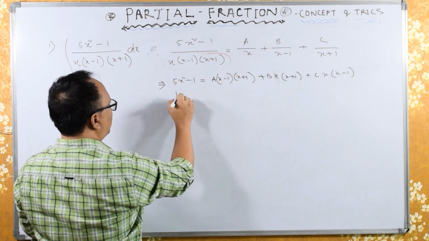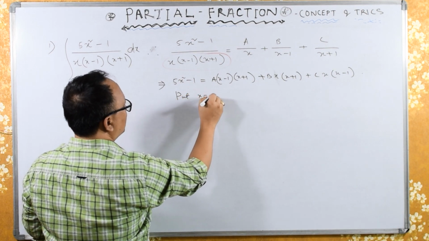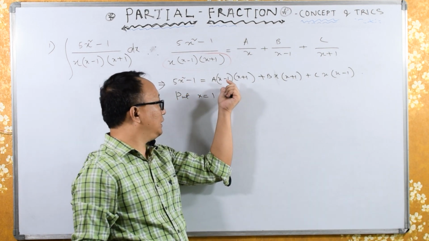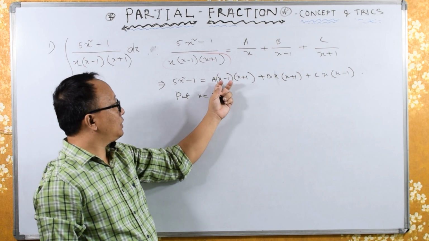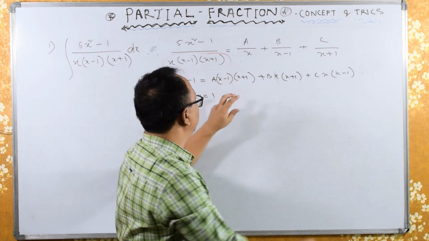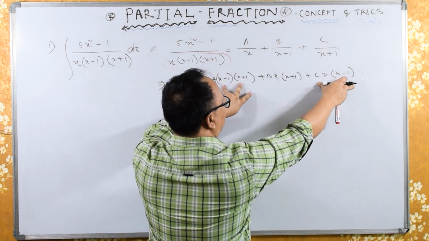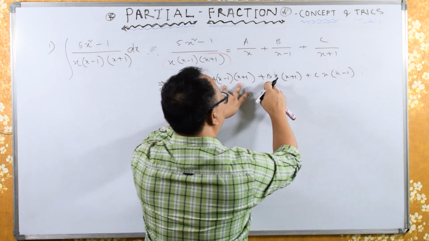Now let's substitute x equals 1. Why am I substituting x equals 1? If I substitute x equals 1, then these two terms will become 0, and I will get the value of b.